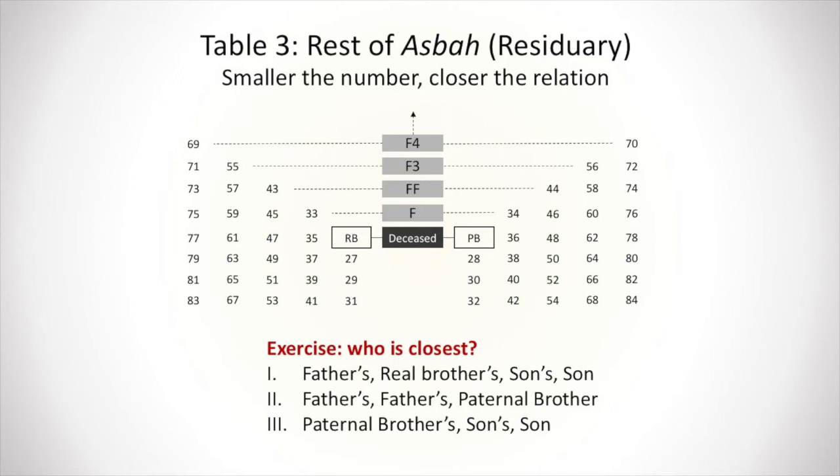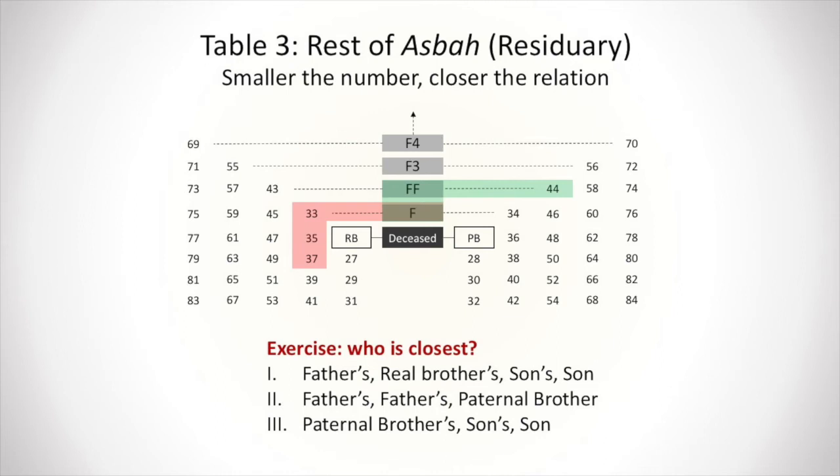So let's start with number 1: father's real brother's son's son. Here we go to father, we move up, we go to real brother, we move left, and then we move to son, and then son's son, which will be 37. The next relative is father's father's paternal brother. So we move up from the deceased to father, and then father's father to the paternal brother, which is 44, and that will be the number.